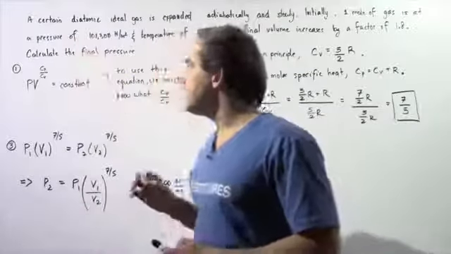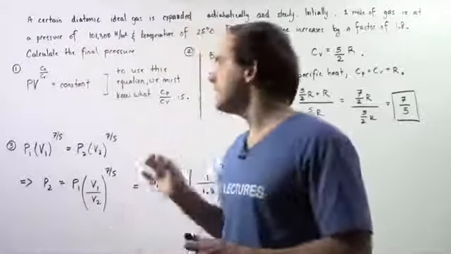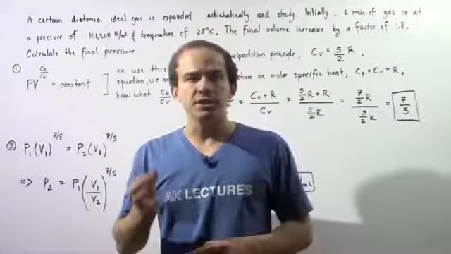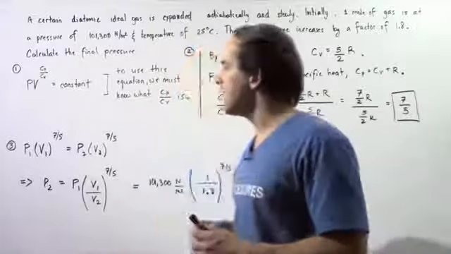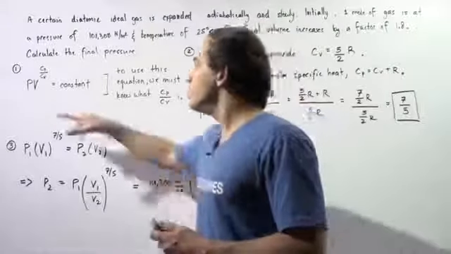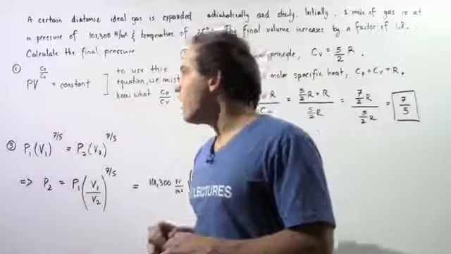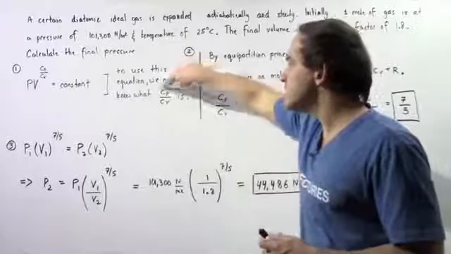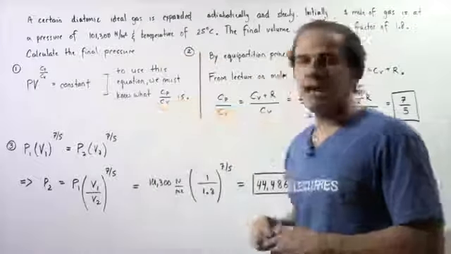Now, Cp is the molar specific heat when the pressure is constant, and Cv is the molar specific heat of our ideal gas when the volume is constant. So before we could actually use this equation, we have to determine what the ratio Cp to Cv is.